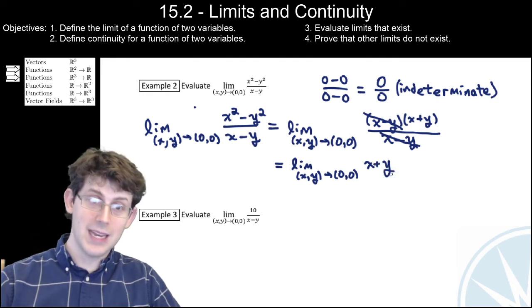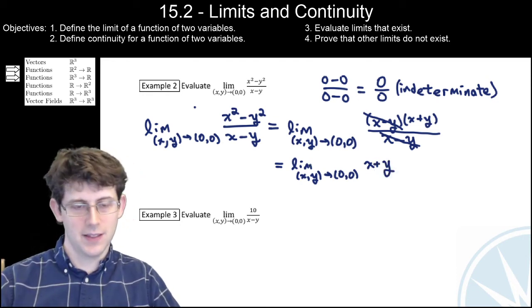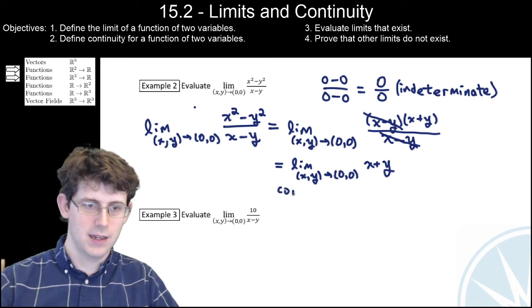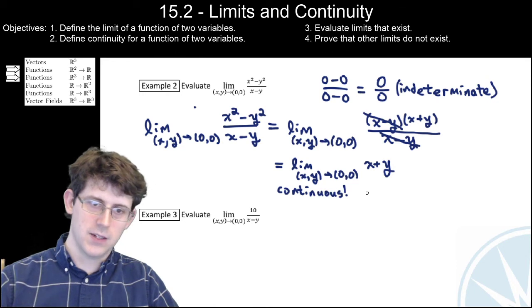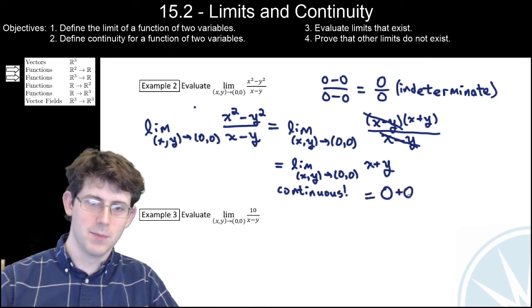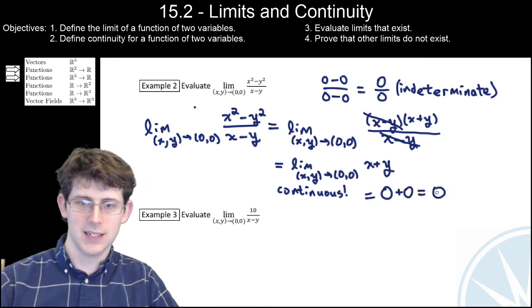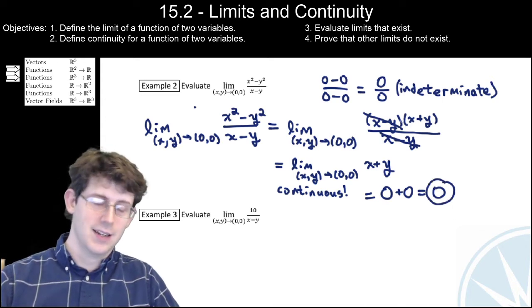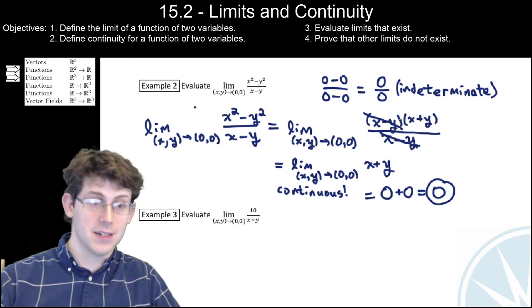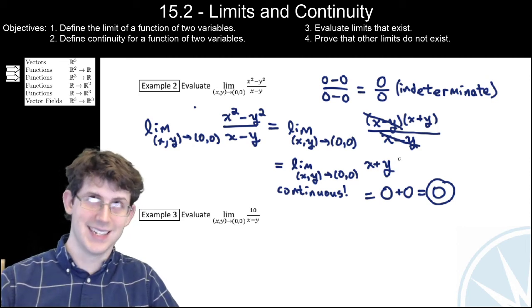Now we're in the domain of a polynomial function, so the function is continuous. So the whole thing equals, well, just plug the number in. You plug in 0 plus 0 and you get 0. In this case, 0 over 0 was 0. Please believe me that 0 over 0 is not always 0. It doesn't always work that way.